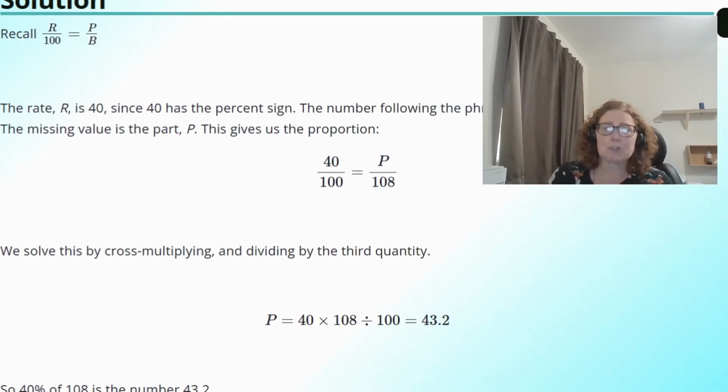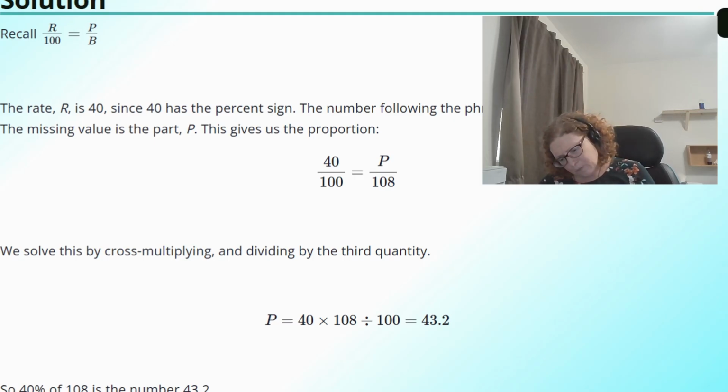So we're cross multiplying. P is equal to 40 times 108 divided by 100. Basically, 100P is equal to 40 times 108. 108 times 40 is 4320.